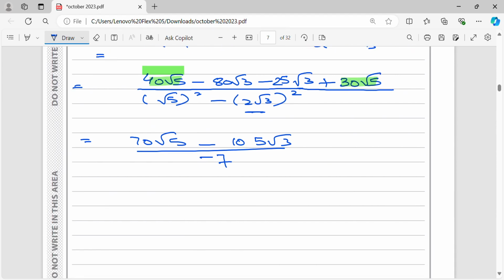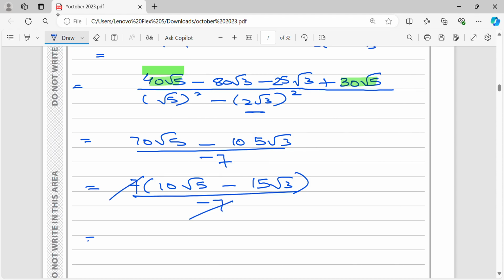Okay, right. So the question says write your answer in simplest form. I can take 7 common. So this would be 10 root 5, minus 105 divided by 7 is 15 root 3, and minus 7 cancels with 7, and what is left is (10 root 5 minus 15 root 3) over negative 1.